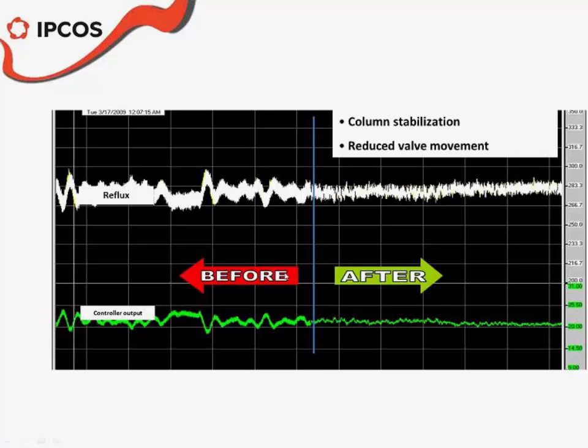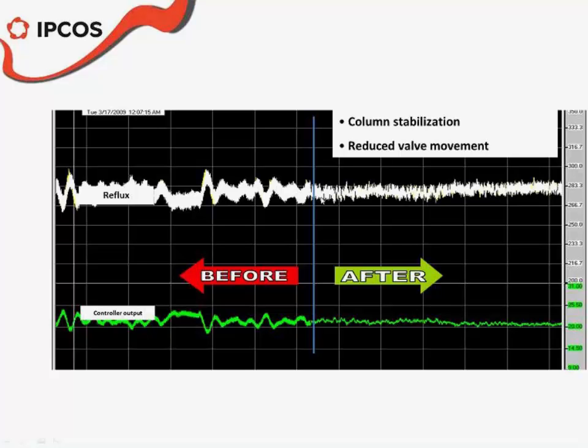As a result of just better tuning the top level of the column, we see how the reflux was changing all the time. You see this low frequency oscillation all the time on the reflux, which is the result of poor tuning on the top level.